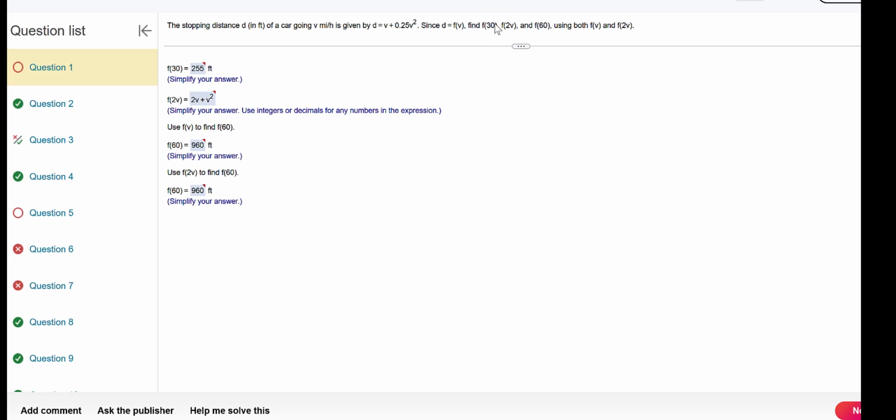So I'd like to hop over to Paint. And what this notation means, the little variable here inside the parentheses, this is our input variable, or our independent variable.